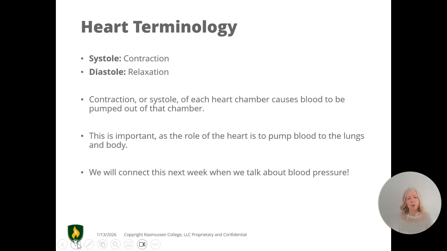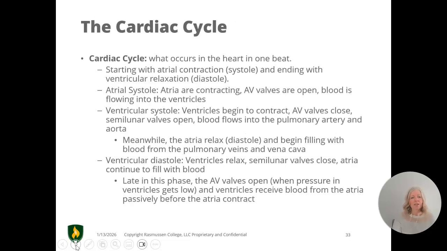And the heart also pumps blood out to the body, that reoxygenated blood coming from the left side of the heart in the systemic circuit. And this combination of systole or contraction followed by diastole or relaxation is what allows the heart to do its job. We'll expand on this a little bit next week when we talk about blood pressure. I just want to introduce that. We will learn more about it next week.